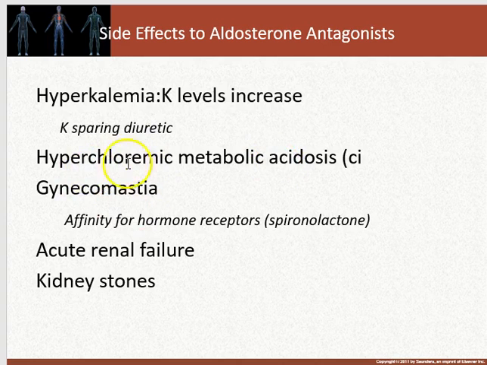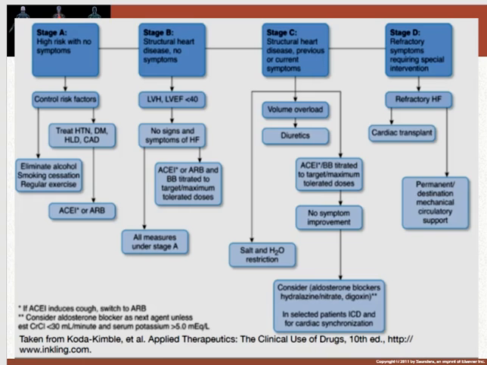And because of the affinity towards the progesterone and the androgen receptors, male patients in particular will sometimes complain of gynecomastia, and that is less encountered with eplerenone and more encountered with spironolactone. Renal problems, including renal stones and acute renal failure, have been associated with some of these aldosterone antagonist drugs. And that basically summarizes all of the pharmacology for treating heart failure.